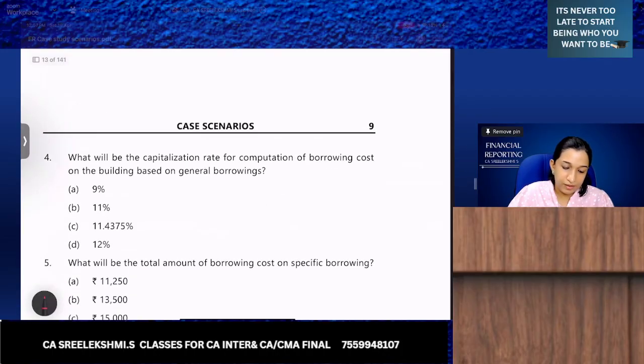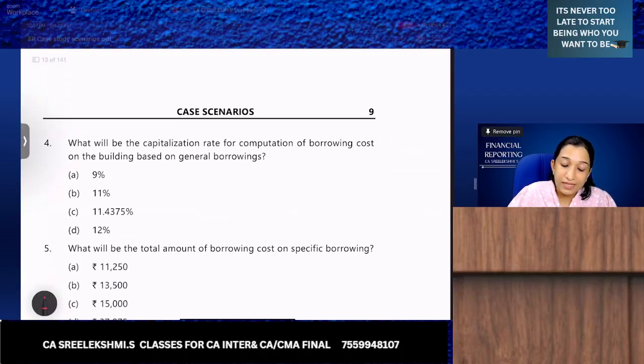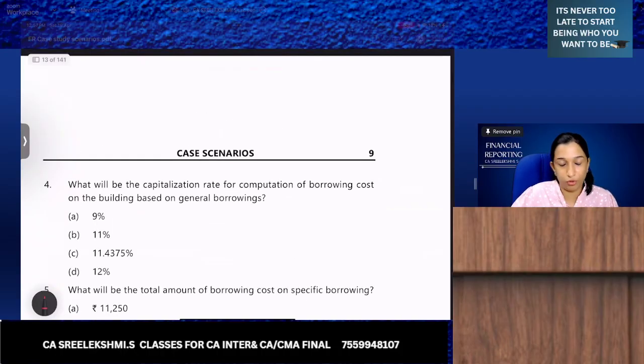What will be the capitalization rate for computation of borrowing cost on the building based on general borrowings?